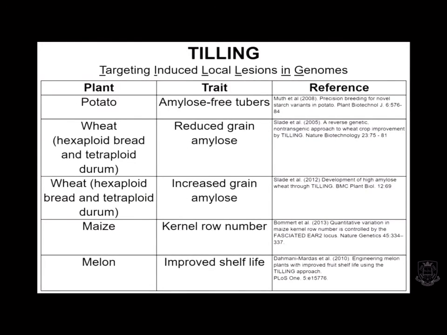And this is just to give you an indication of some of the instances where this has actually been used. You'll notice that in many instances it's associated with starch. So amylose or amylopectin are components of starch, and depending upon whether you want your product to be associated with food production or with, for example, wallpaper paste production, you want to change the amount of amylose or amylopectin in your grain.